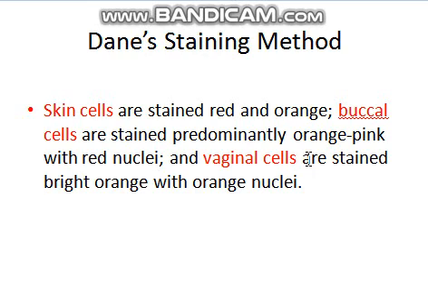But if you get different coloration of red, orange, or pink, then it may possibly be from skin cells, buccal cells, or other cells, but not from vaginal cells only. So based upon the coloration, you can distinguish rather than going with the intensity. It is easier to conclude in this case as compared to the previous staining methods.